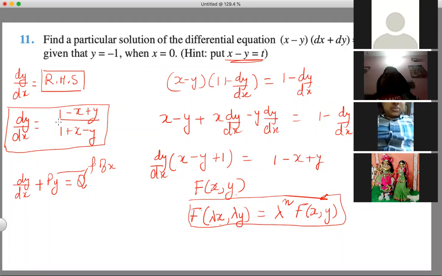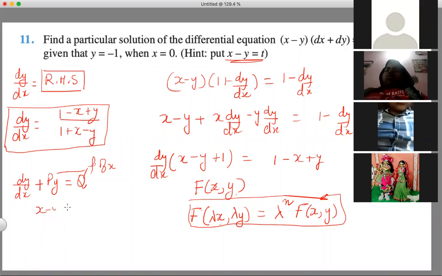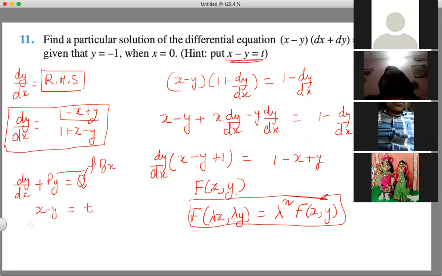Okay, so let's do that. So we will make that substitution. So x minus y is equal to t.